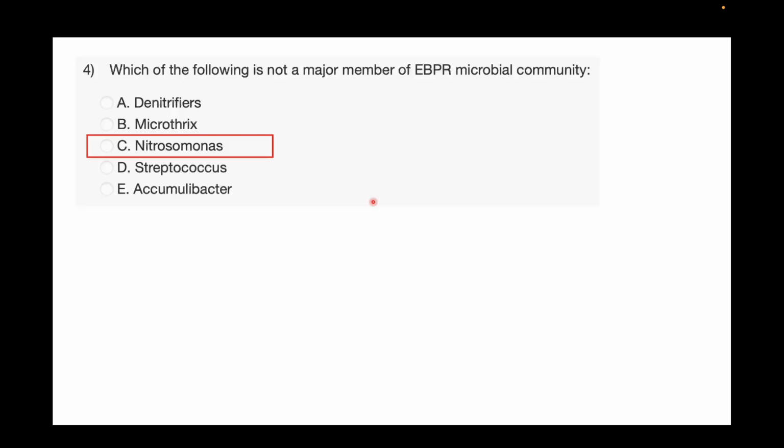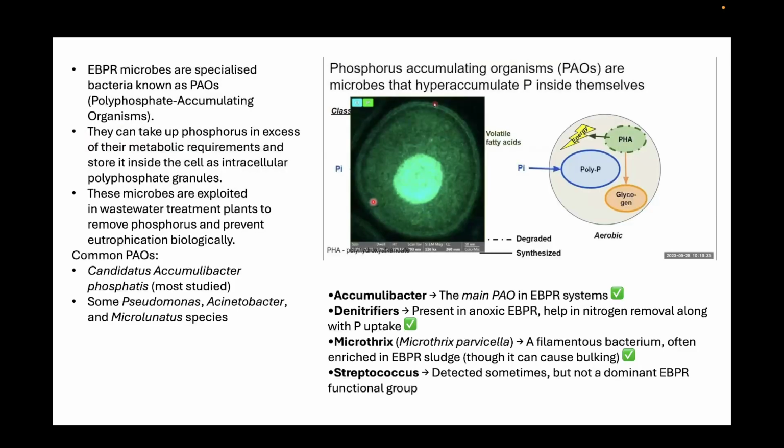Let us understand what is EBPR and which microbes belong to this community. EBPR microbes are specialized bacteria known as PAOs, or polyphosphate accumulating organisms. What is their characteristic? They can take up phosphorus in excess of their metabolic requirements and store it inside the cell as intracellular polyphosphate granules, which we call poly P bodies or P bodies.